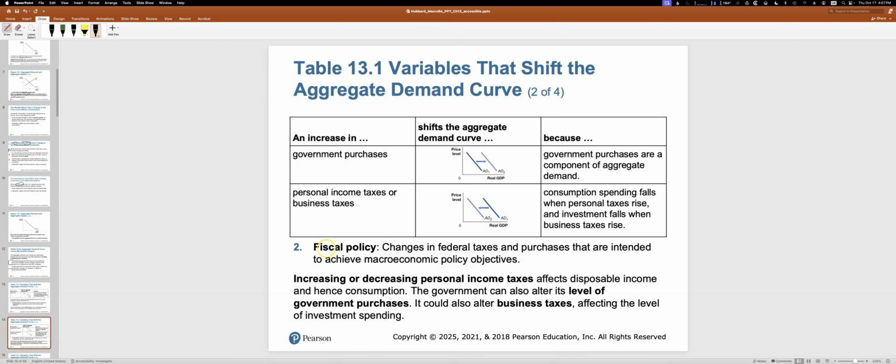And then what we also see is this discussion of fiscal policy, which would mean changing G or changing T, which leads to changing consumption, changing investment, and thus changing the AD curve.